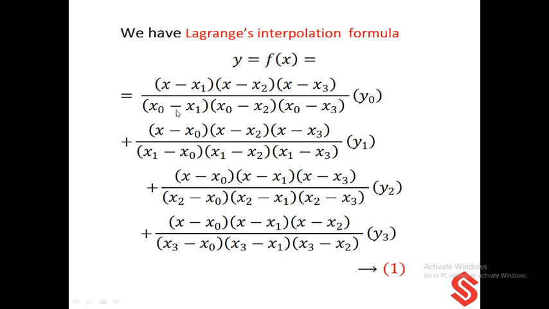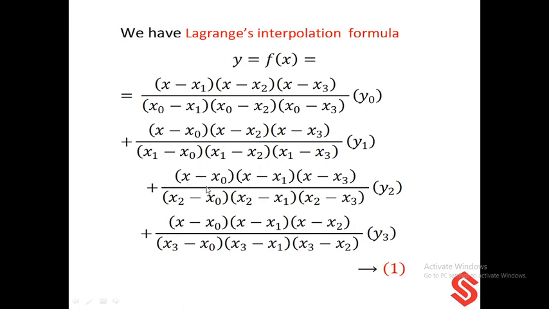So first you write the Lagrange's interpolation formula. So y is equal to f of x is equal to, you write the formula and say it is equation 1. So clearly in the first term numerator we are not writing x minus x0, so denominator x0 minus, and second term we are not writing x minus x1, we will write x1 minus denominator.